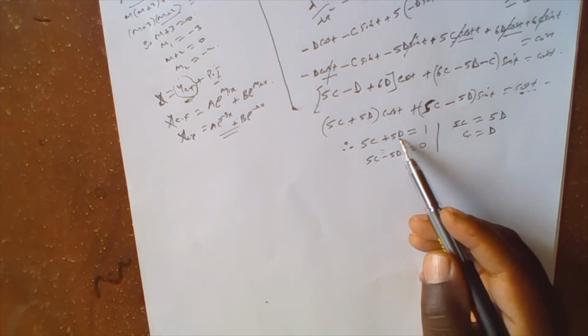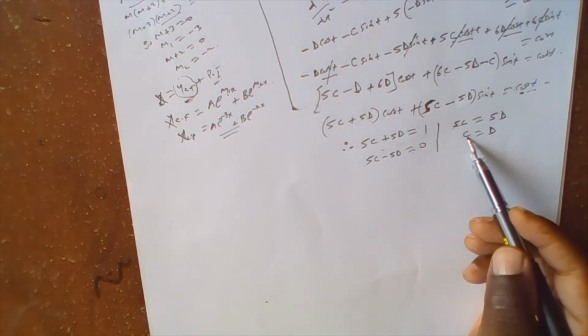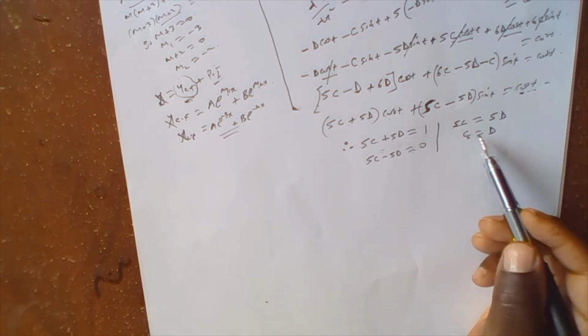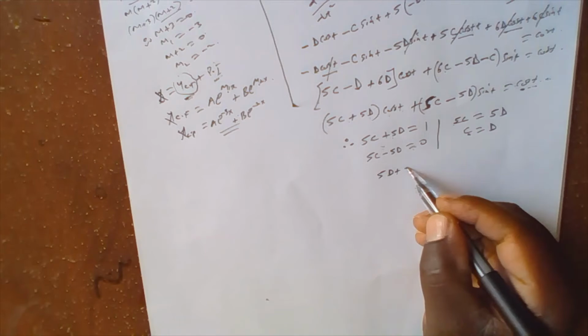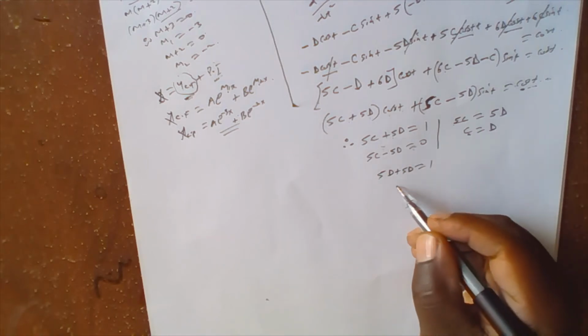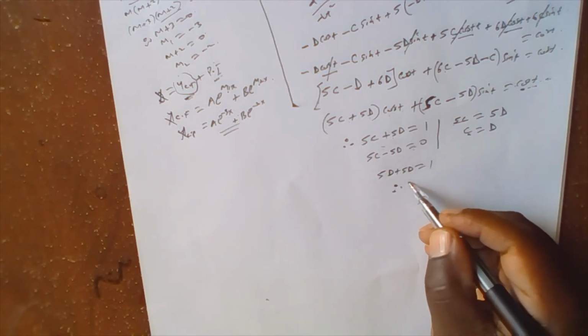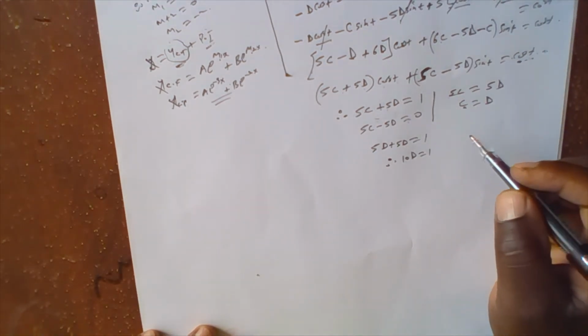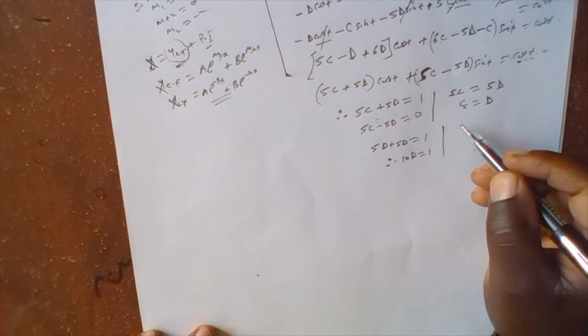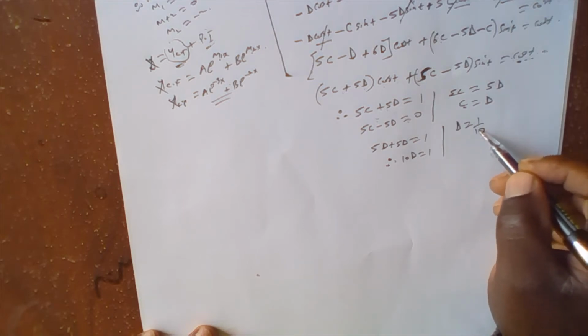Where there is c, we put d, so that here we have 5d plus 5d equals 1. Therefore, 10d equals 1. So from here you can say that d equals 1 all over 10.